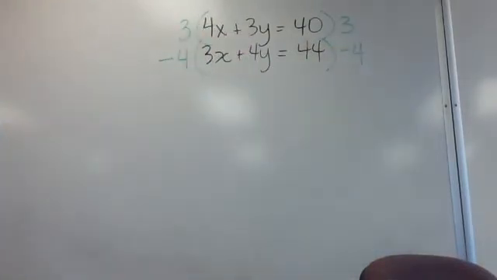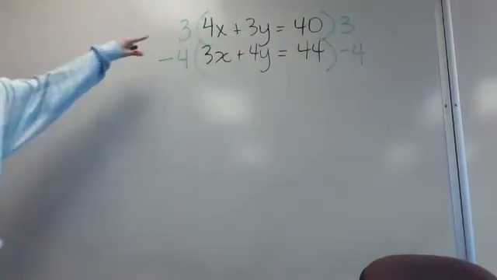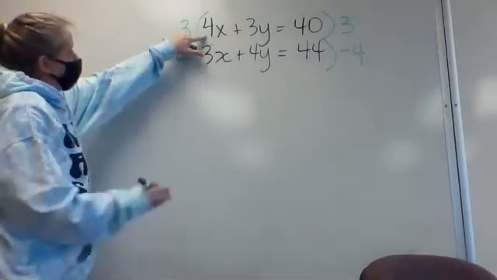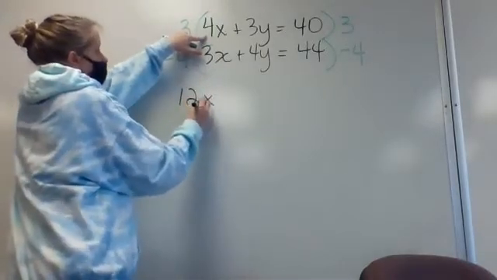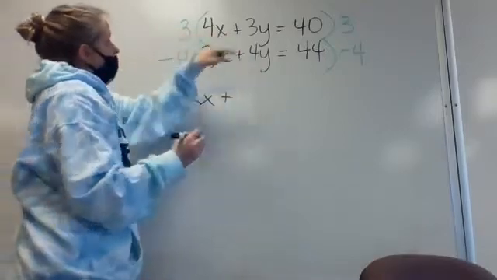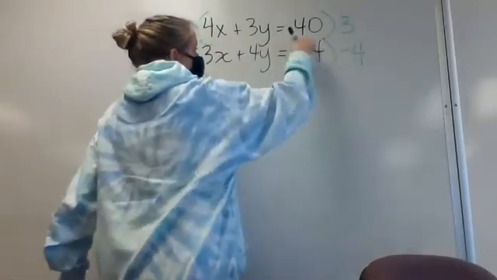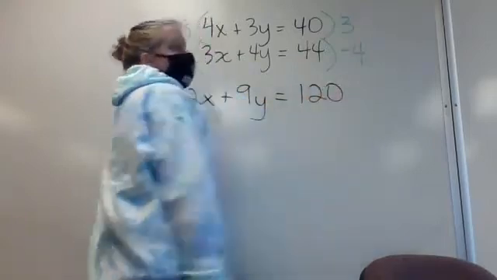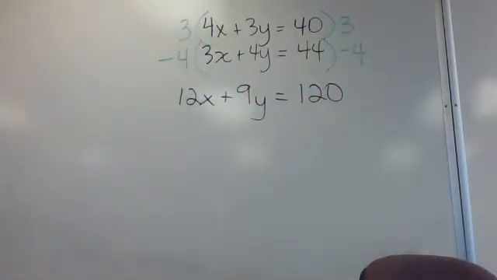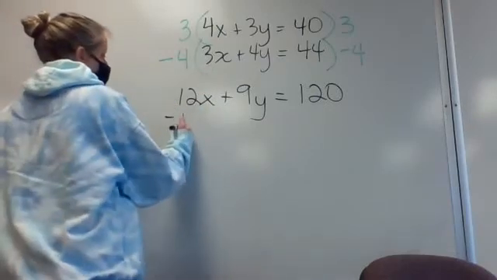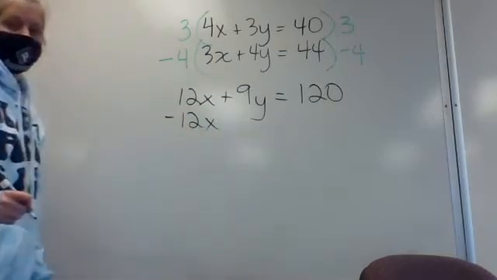So let's see, on my top row, 3 times 4x gives me 12x, plus 3 times 3y is 9y, equals 3 times 40, 120. My second row, negative 4 times 3x is negative 12x.